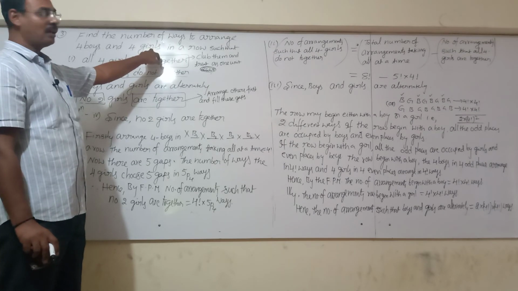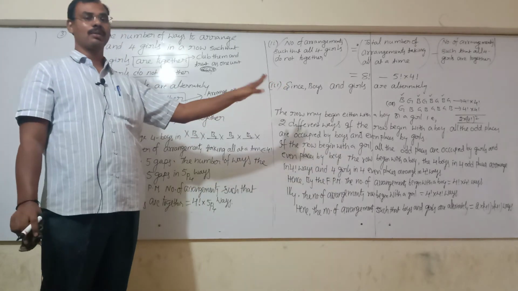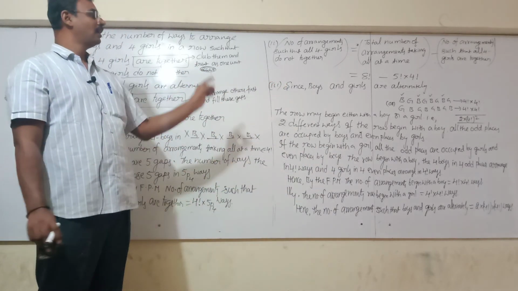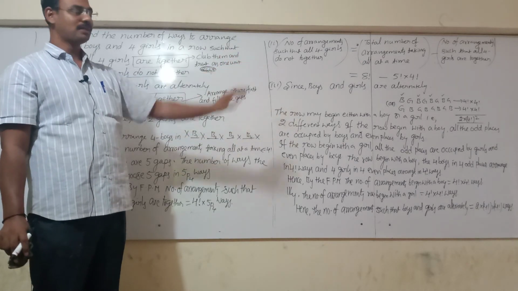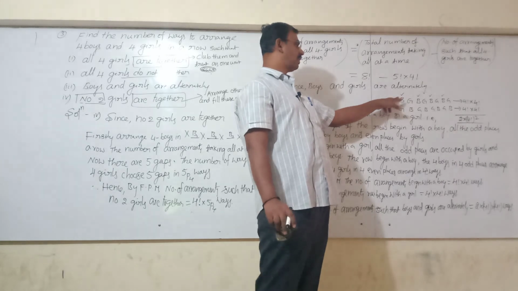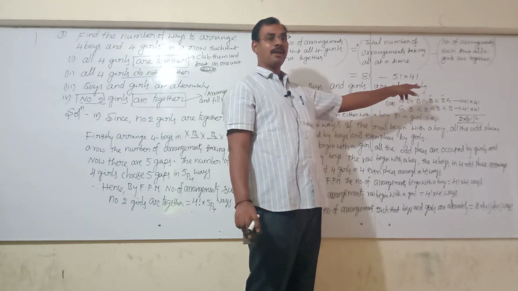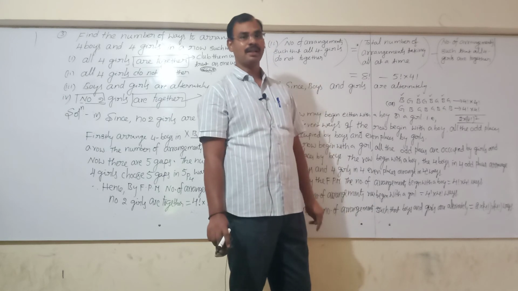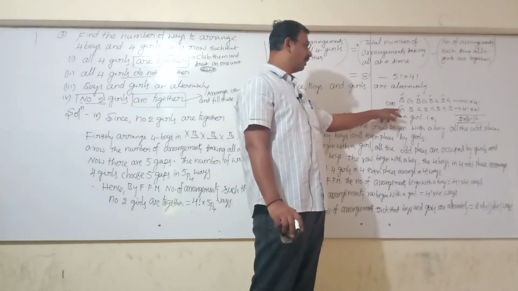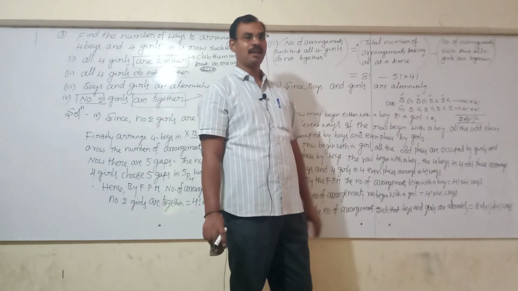If equal numbers are given, there are 2 possibilities, since boys and girls are equal in number. If the row begins with a boy, boys occupy odd places and girls occupy even places. If the row begins with a girl, girls occupy odd places and boys occupy even places.